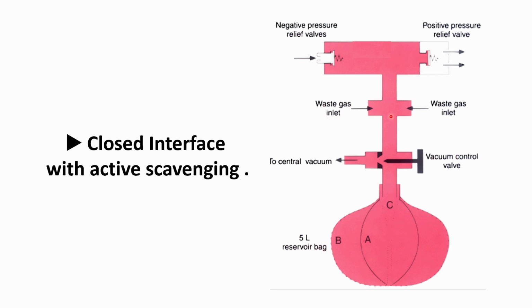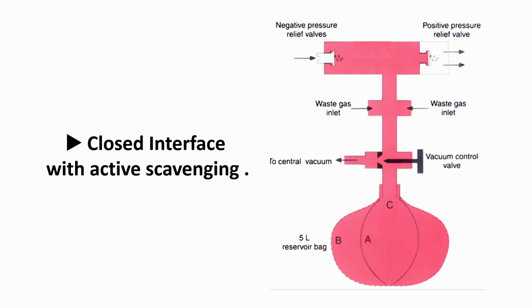In this closed interface with active scavenging system, we also have a reservoir. If this vacuum is having a fault or not working well, this reservoir bag will store some of these gases, and it will expand, and when it expands it will give an alarm that we have a problem.